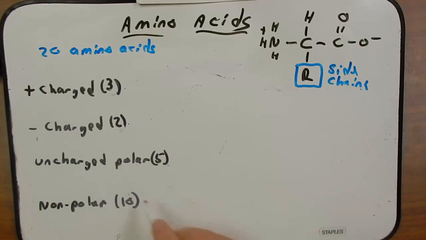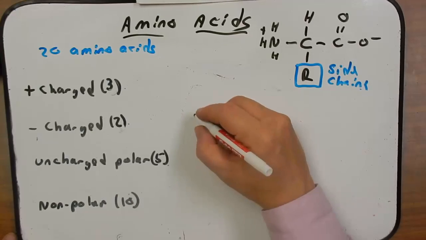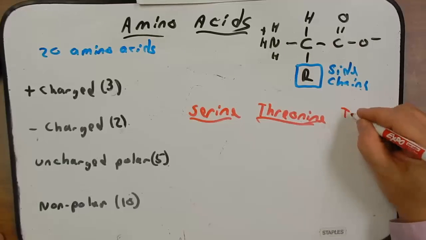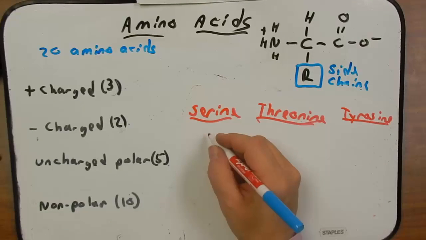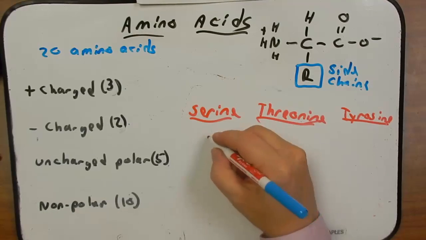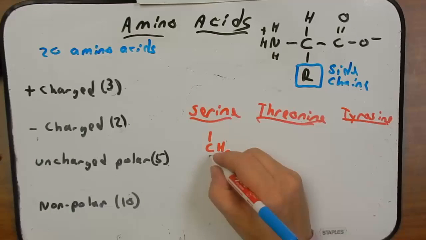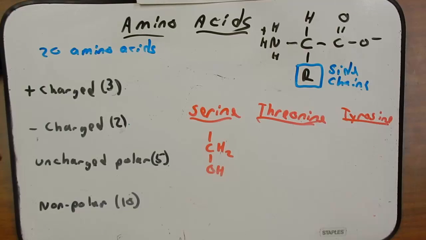Okay, the next 3 in this uncharged polar amino acid group include serine, threonine, and tyrosine. I lumped these 3 together because they all contain a hydroxyl group on their side chain. Serine looks like this, with a carbon with 2 hydrogens and then a hydroxyl group added to it.